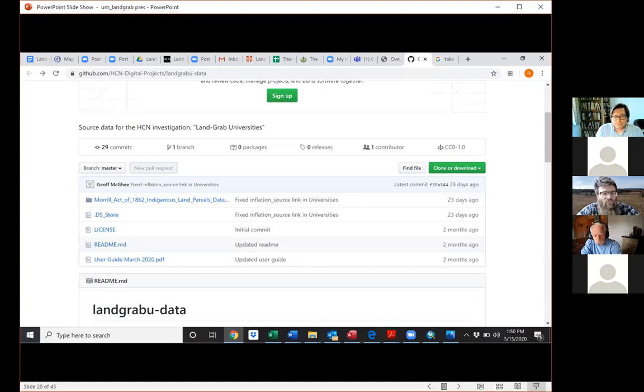But it's the data itself made available on GitHub that allows users the most independence to download the material. There's a lot more stuff in here than is even on the website to be able to build off of what we've done.